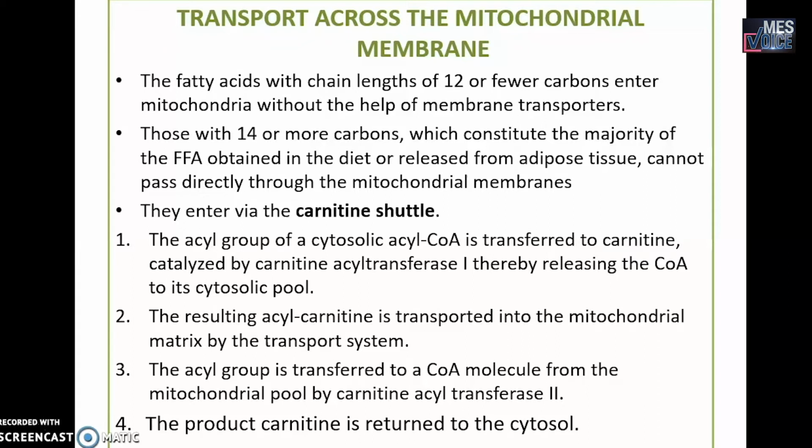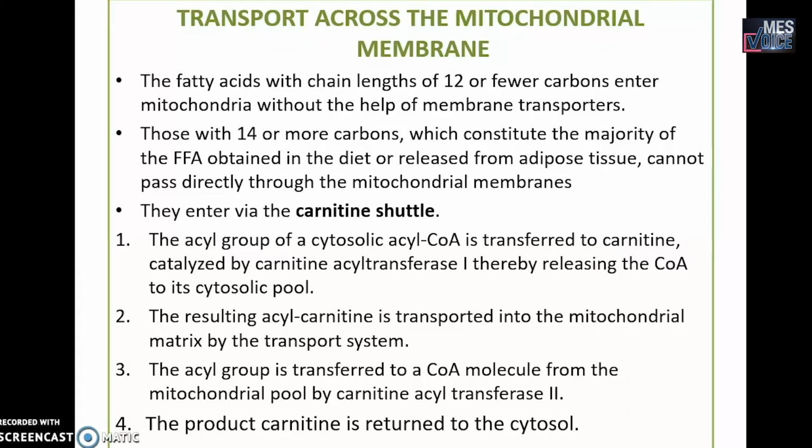The steps in Carnitine shuttle are: first one, the acyl group of cytosolic acyl-CoA is transferred to carnitine catalyzed by the enzyme carnitine acyl transferase 1, thereby releasing the coenzyme A to its cytosolic pool.